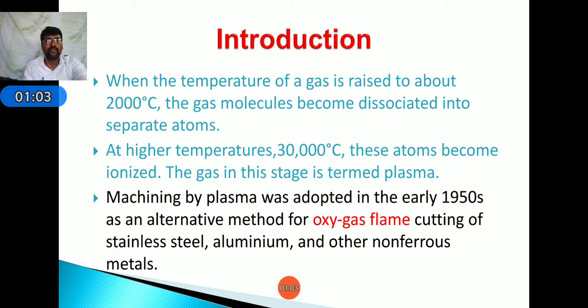Machining by plasma gas was adopted in the 1950s as an alternative method for oxy gas flame cutting of stainless steel, aluminum, and other non-ferrous metals.